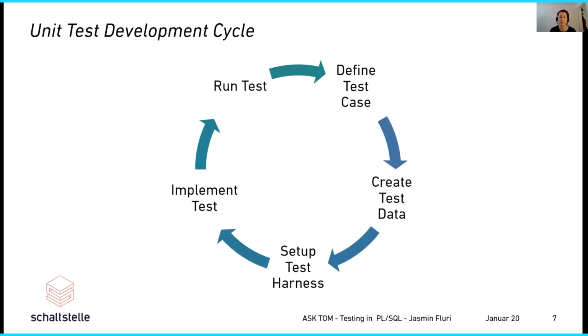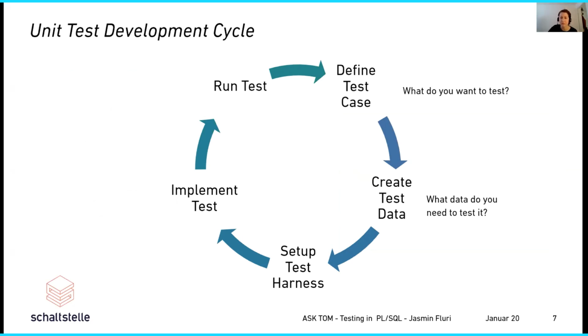The unit test development cycle then looks something like this. We define a test case where we answer what do we want to test. We create our test data, which is an essential part of the development of our test, and define here what do we need to test what we want to test, what are the preconditions.